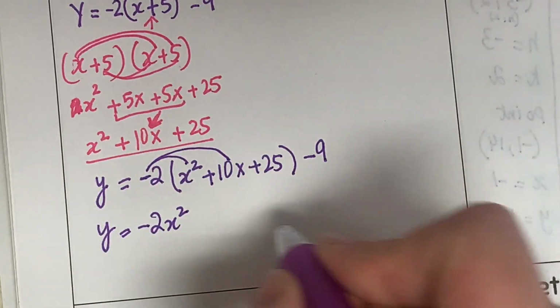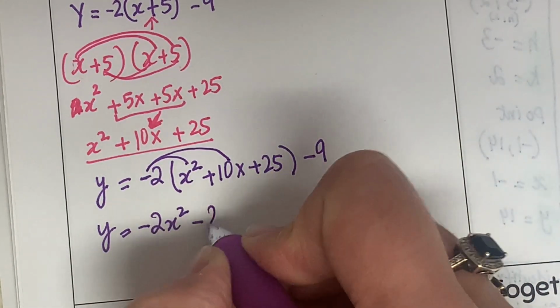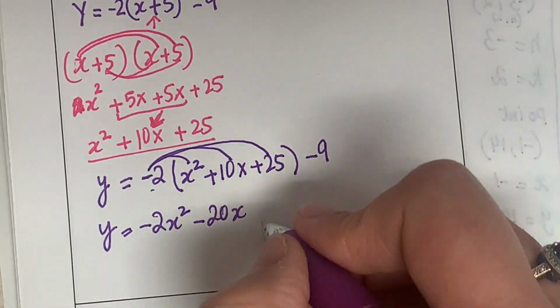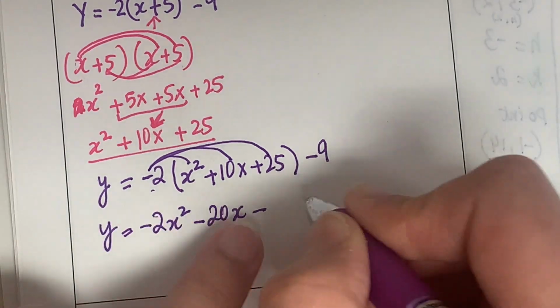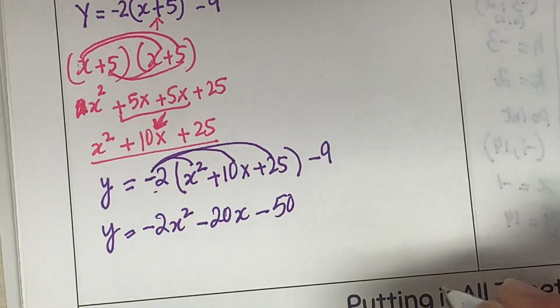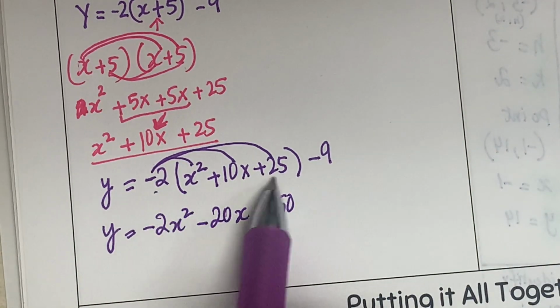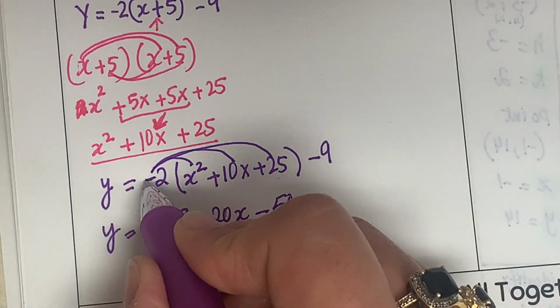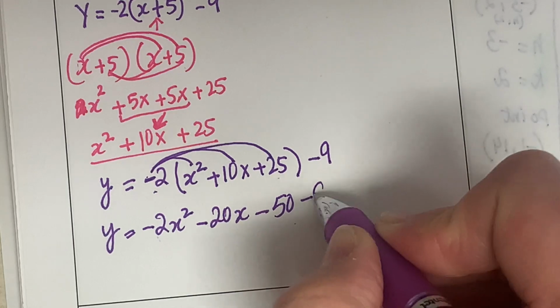Negative 2 times positive 10x is negative 20x. And then negative 2 times positive 25 is minus 50. So you multiplied all of this and got new numbers, which are basically double and opposite, and then minus 9.